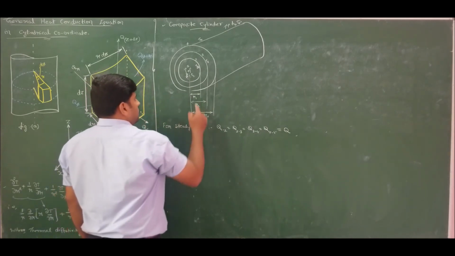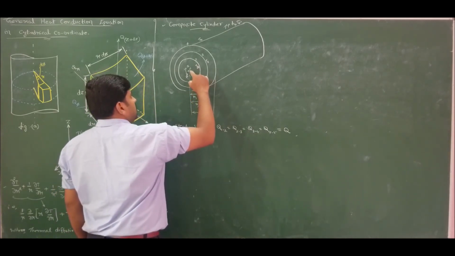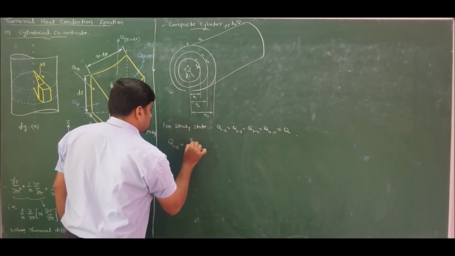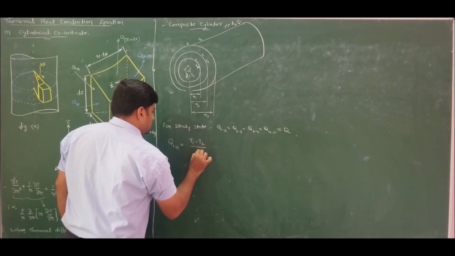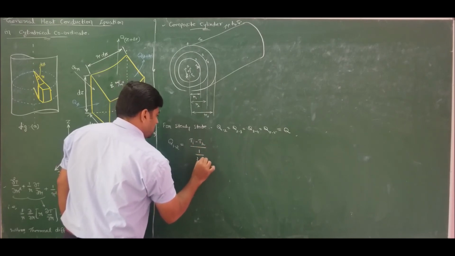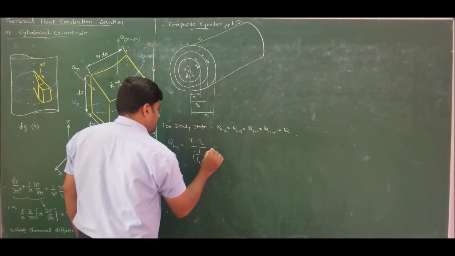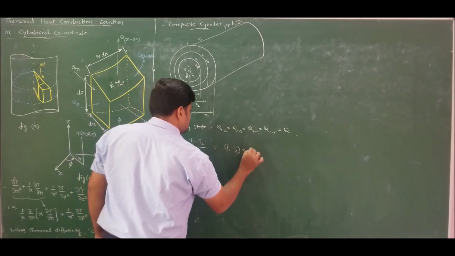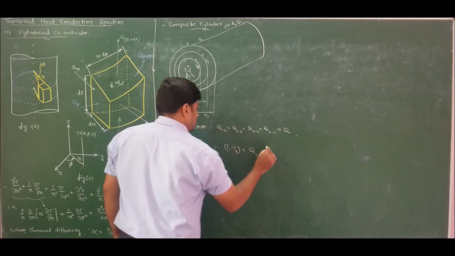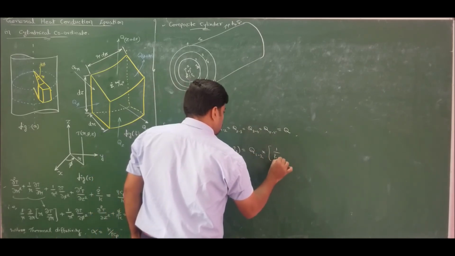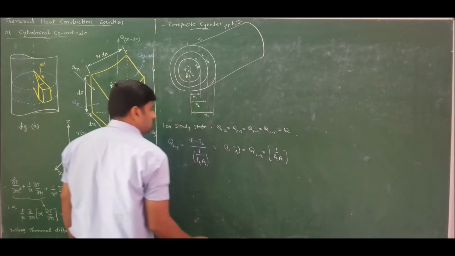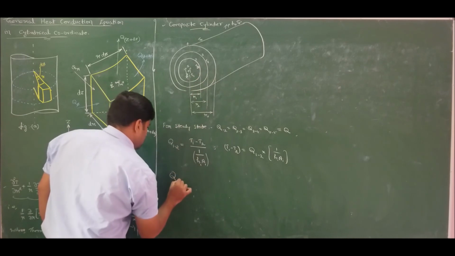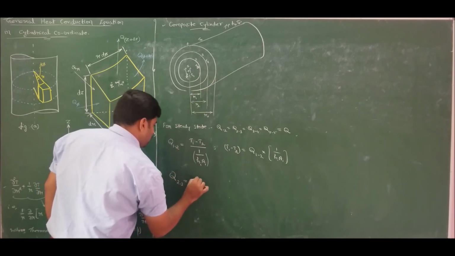Now we know that Q12 is because of heat transfer due to convection. Therefore Q12 can be written as T1 minus T2 divided by the resistance due to convection, 1 by Hi Ai. Hence I can write T1 minus T2 as Q12 into 1 by Hi Ai. Next, Q23 is the conduction mode of heat transfer.